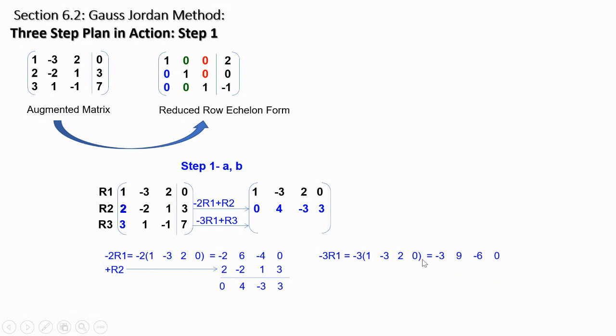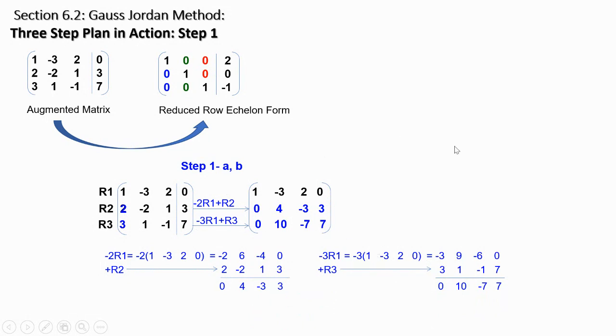Once I distribute, I get -3, 9, -6, and 0. Then I add it to row 3, which was 3, 1, -1, 7. When I add them, you see, my x's are eliminated, which are the x values on the linear system of equations. So I'm done with step 1.